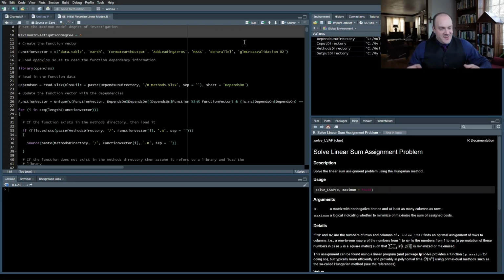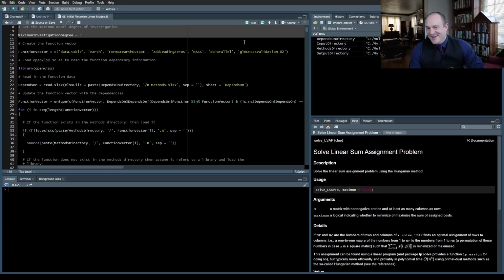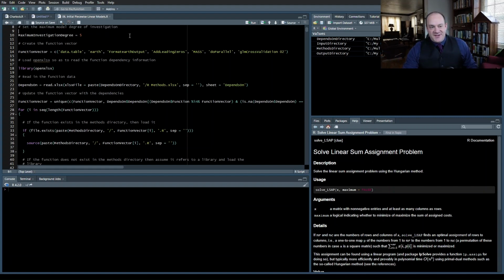So obviously when you take x times y times z times w times a, it's kind of difficult to explain. So you don't start there. You start with just terms with one factor and then build up to 2, 3, 4, and so on. And so we're going to let the maximum investigation degree, I'm just setting it at 5, and we'll see what actually comes out of it.